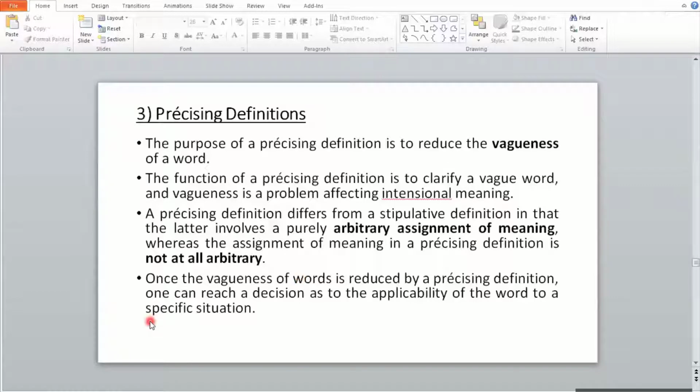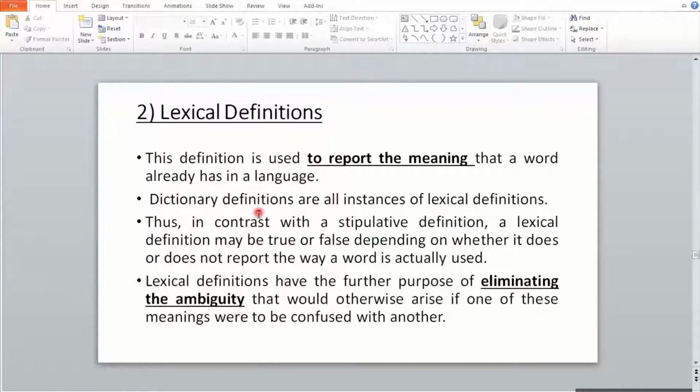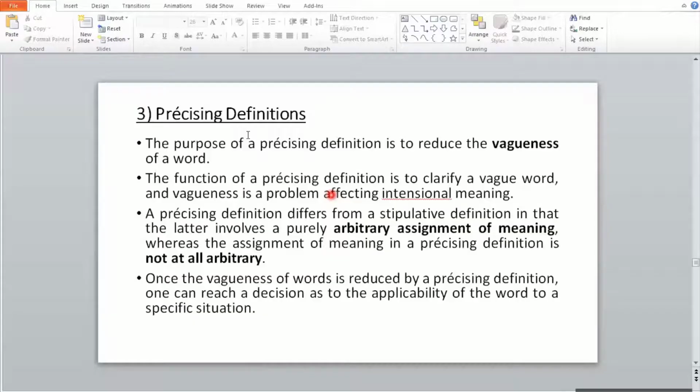Unlike the above kind, the lexical definition, the purpose of the precise definition is reducing vagueness. We have taken that a term or a subject of a statement is said to be vague when there is a continuous range of interpretation of a term.